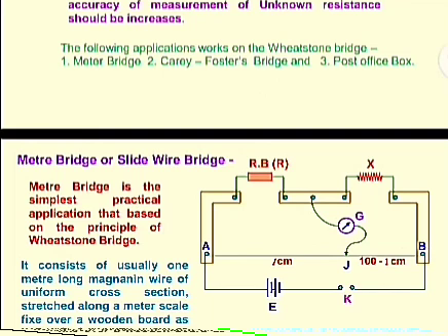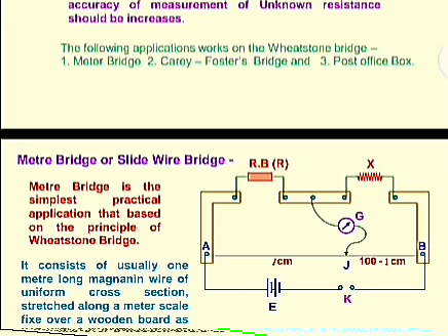The meter bridge is also called a slide wire bridge, or we can say the meter bridge is the simplest practical application of the Wheatstone bridge principle. The meter bridge consists of usually a 1 meter long magnet wire of uniform cross-sectional area stretched along a meter scale fixed over a wooden board, as shown in the figure.